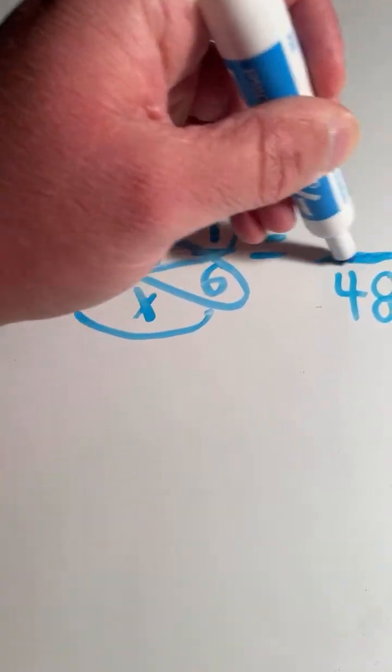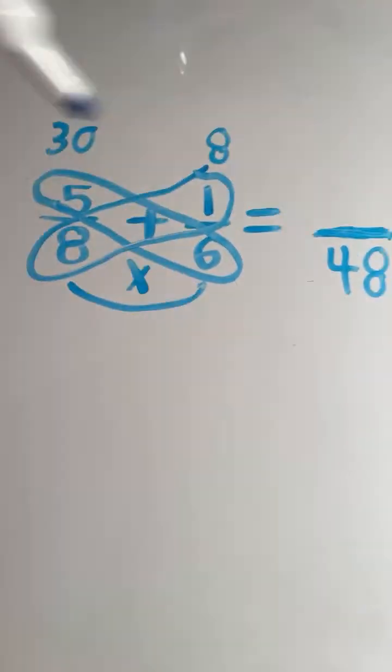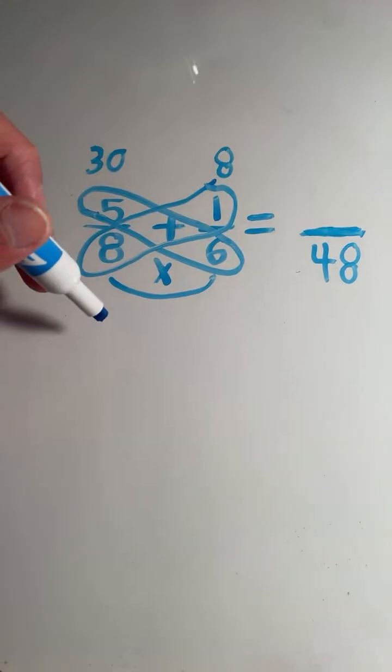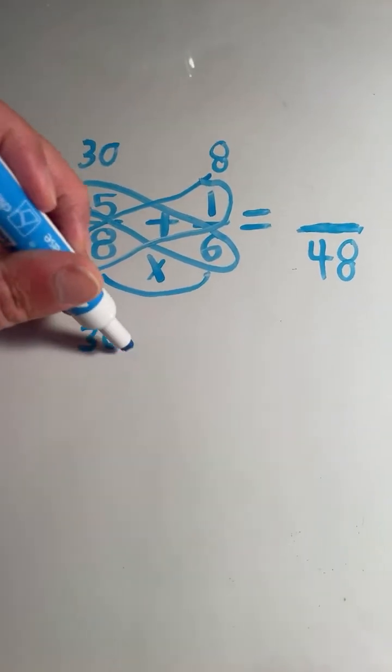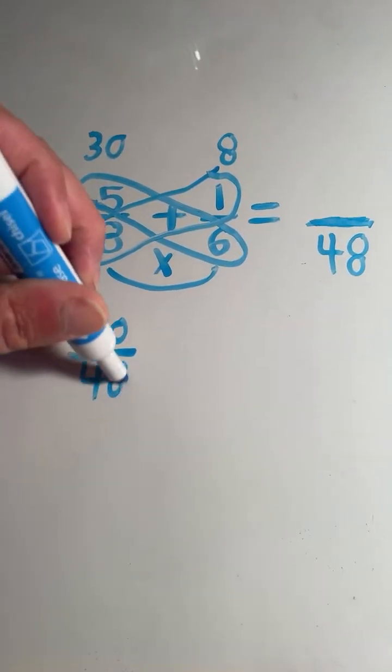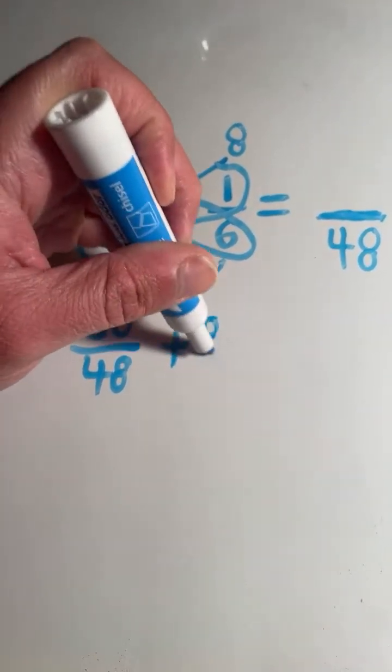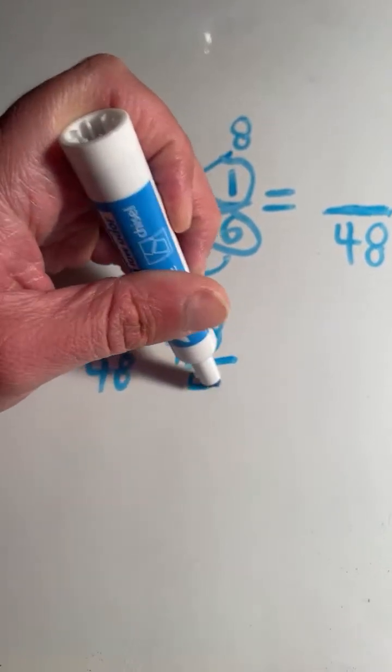Usually I find the common denominator first. I kind of flip-flopped it for this one. But if we want to write the full problem out so it's not confusing, we have 30/48 plus 8/48.